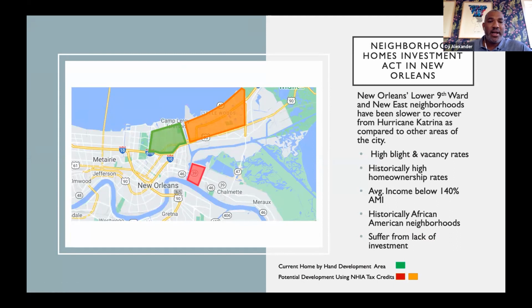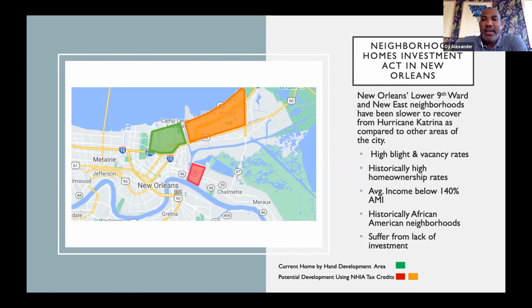The green area is Gentilly, where we've done most of our development. The issue with the first two projects is the scarcity of subsidy. Land is becoming more scarce in those neighborhoods. As that value gap starts to shrink, so does our ability to acquire land to make our numbers work and complete these projects.